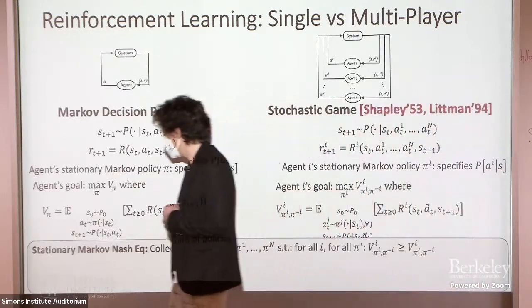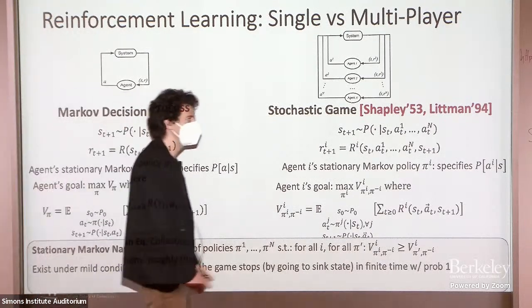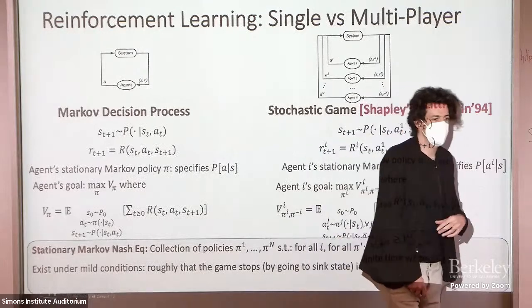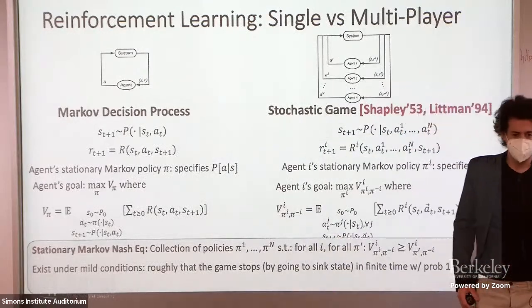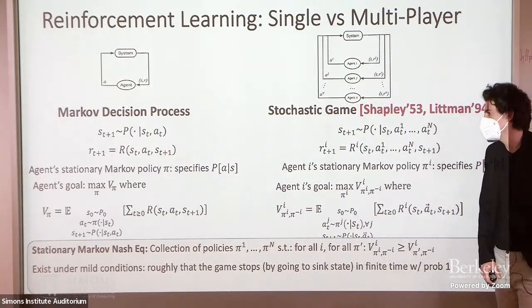And it's super interesting because despite the fact that it's a non-concave game, Nash equilibria exist in Markov stationary strategies under very general conditions. Basically, the condition that you need is that with probability 1, the game will stop by arriving at some sink state where nothing happens.